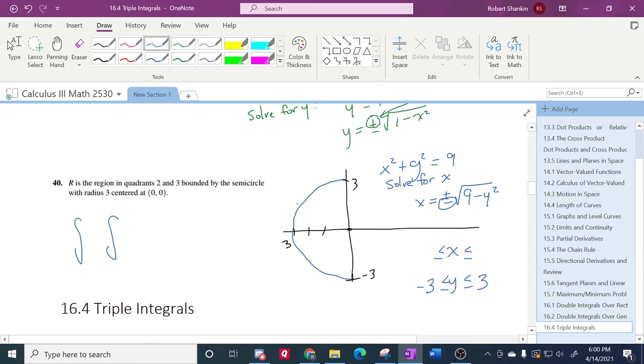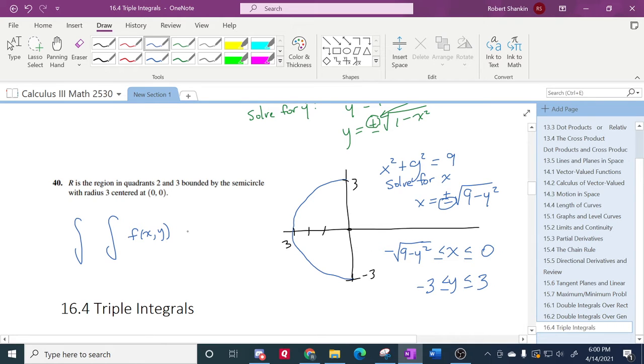Okay, so now we've got to go in the correct order from smaller to larger. From x is negative square root of 9 minus y squared to x is 0. Here to here. And if you set this up as an integral, as Cameron's saying, which one comes first now, Cameron?